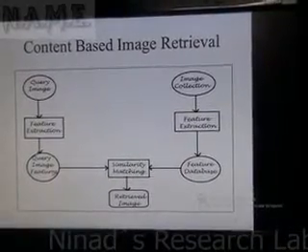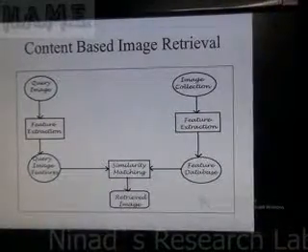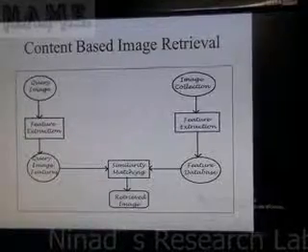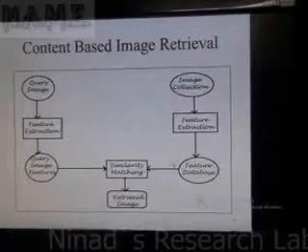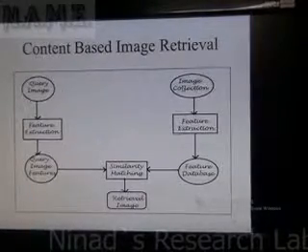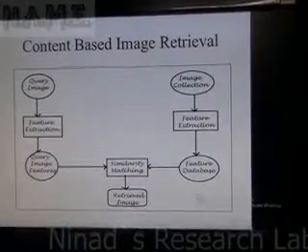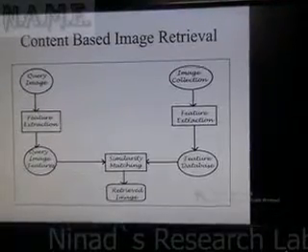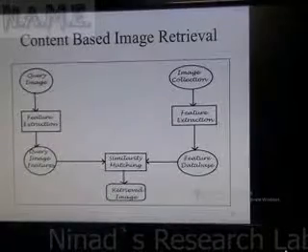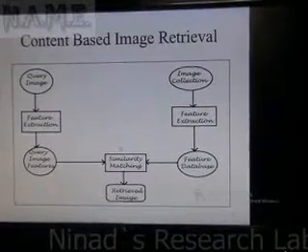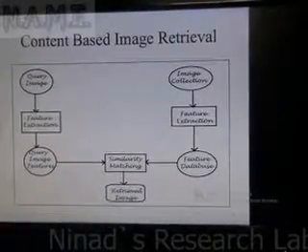Then the query image features are given to the similarity matching, where we are basically just comparing two values. The other value is extracted from the large image collection: we have feature extraction for each image, and each image's features are compared to the query image's. If they match, we retrieve that image.